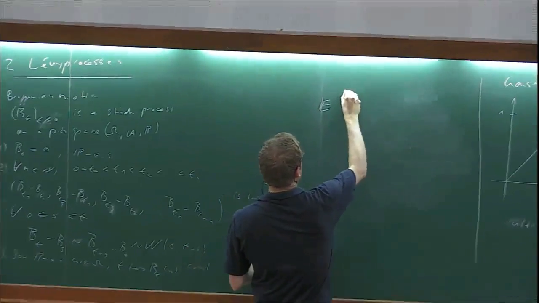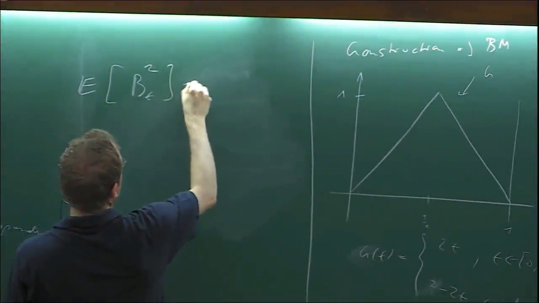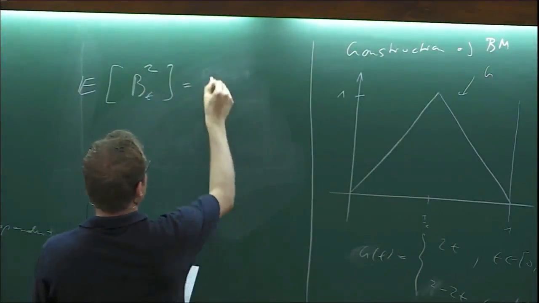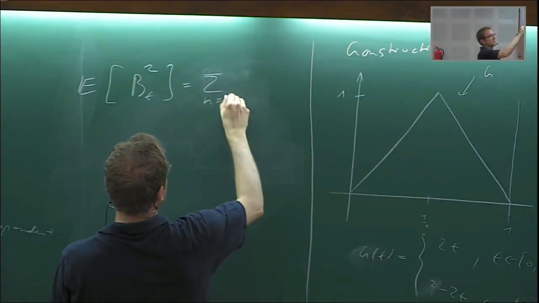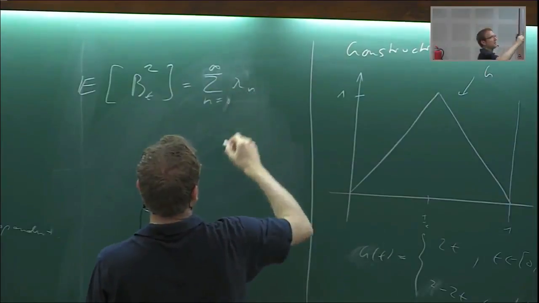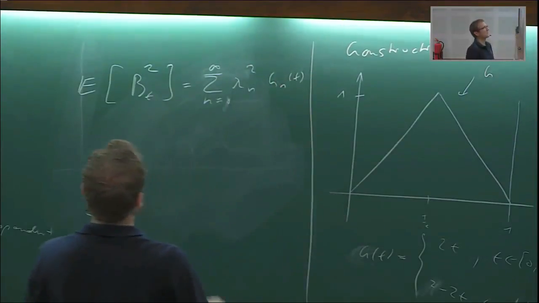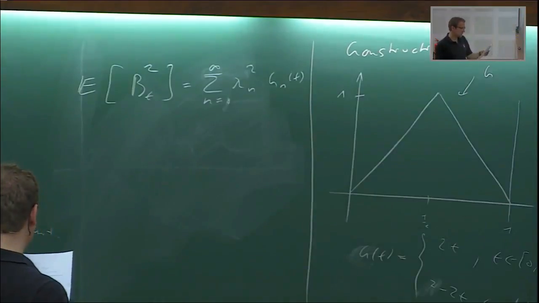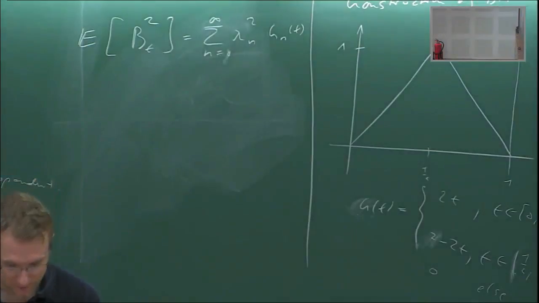First of all, we can show that this has a certain representation. It's the sum over n from 0 till infinity of lambda n squared gn of t. So we can write this down, and it does exist. And what we get out is a process.